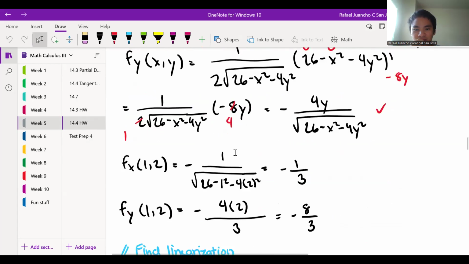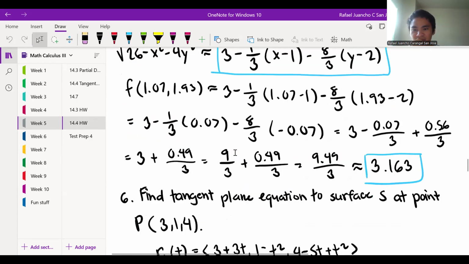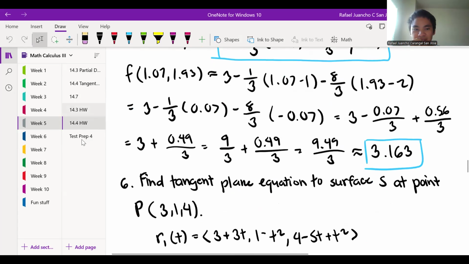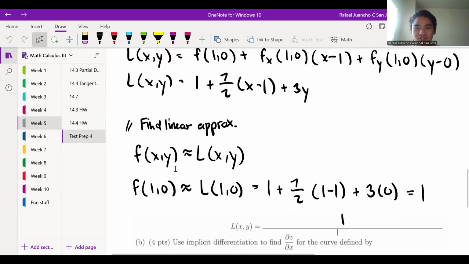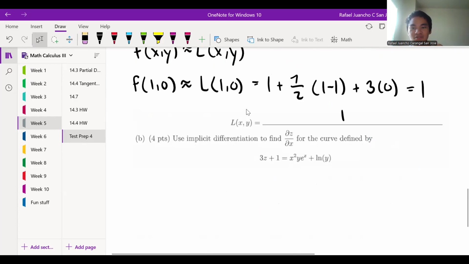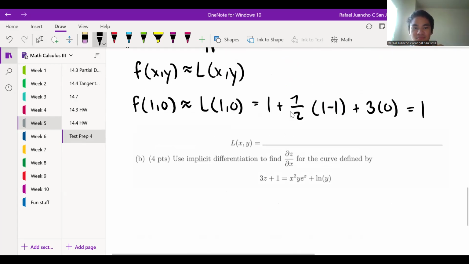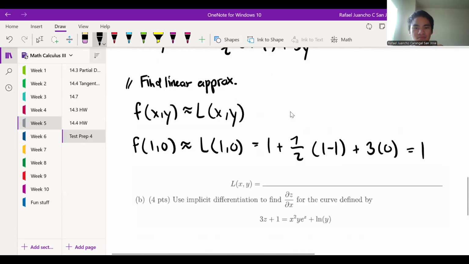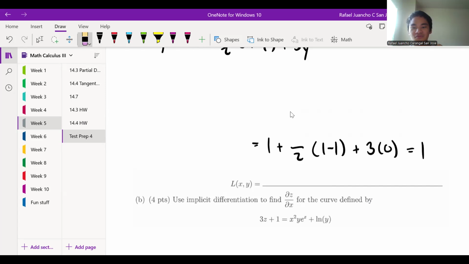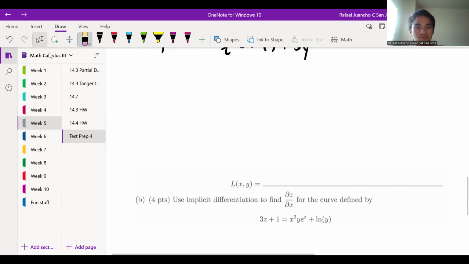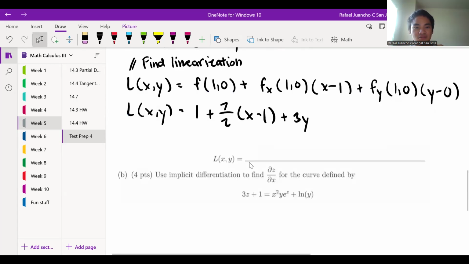But then, oh no, it doesn't want that. It wants this. It wants another formula. Yeah, it wants LXY. So I'm actually done with that previous statement. I didn't need to plug this in, because in the WebAssign, it was trying to make me plug something in. So I just needed to plug in this thing.